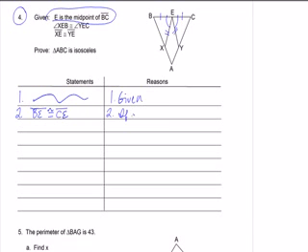I'll start you off. If a point is a midpoint, then it divides the segment into two congruent segments. Perfect. If a point is a midpoint, then it divides a segment into two congruent segments.